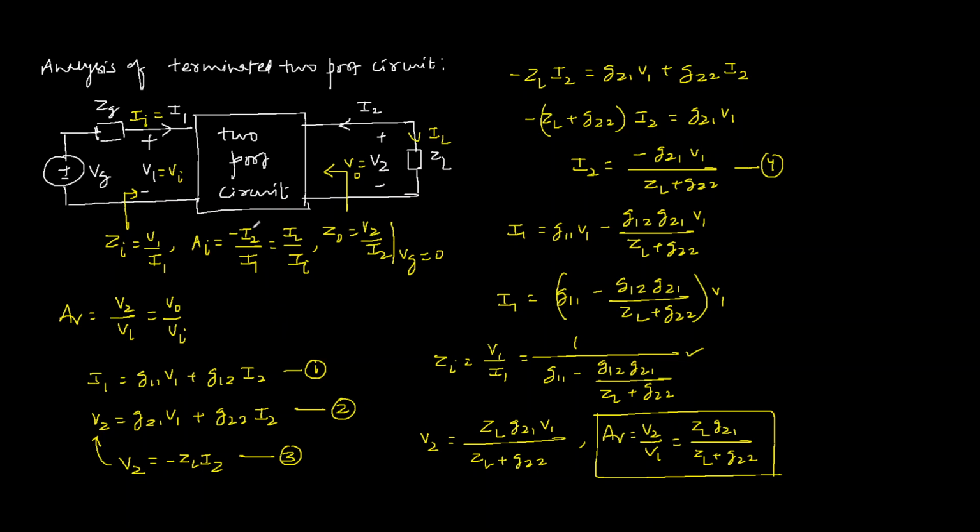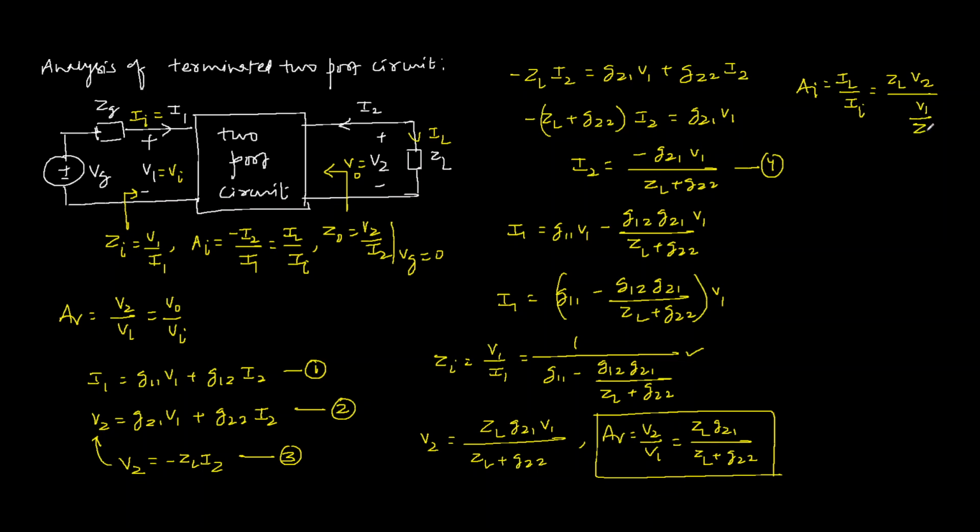Now let's find the current gain. Current gain is IL over Ii or I1. So what is IL? IL is V2 over ZL. And Ii or I1 is V1 over Zi.